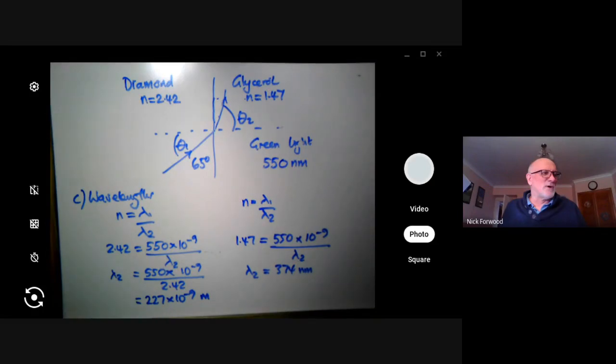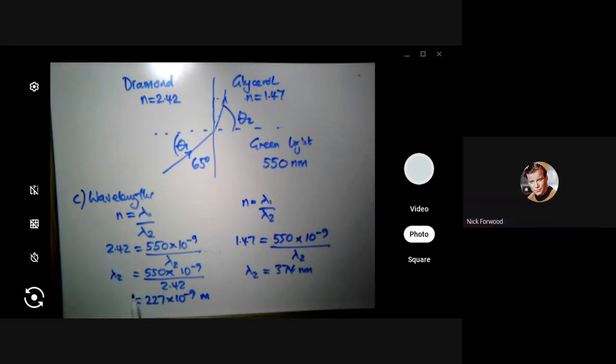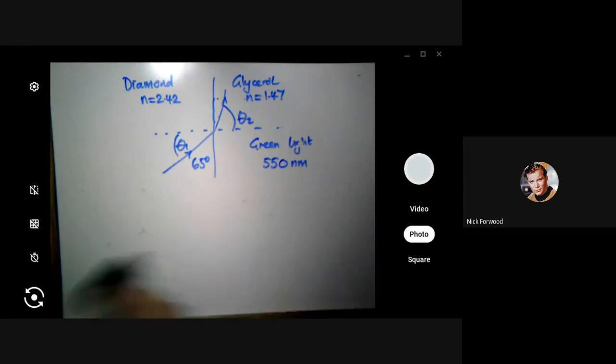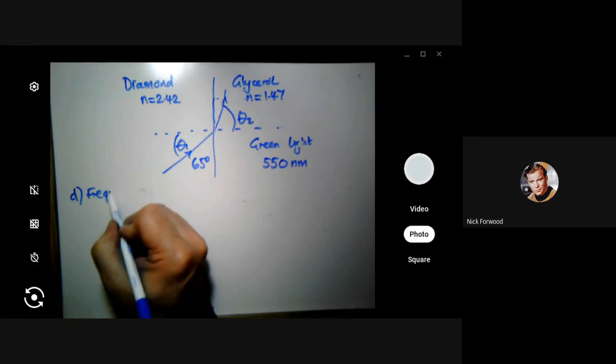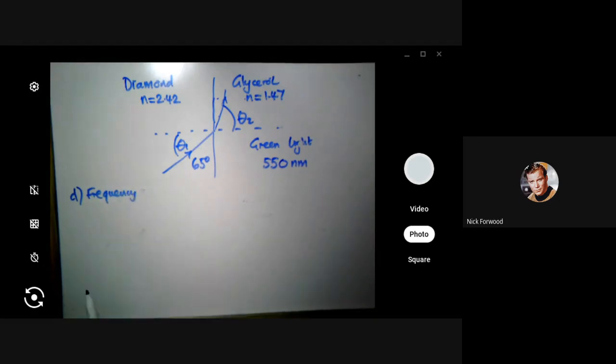What we're going to do last of all is show that the frequency is the same. We're going to do V equals F lambda here and work out, using our velocities that we got earlier and our two wavelengths, the two sums and show that the frequency remains the same in every case. So part D is work out the frequencies.